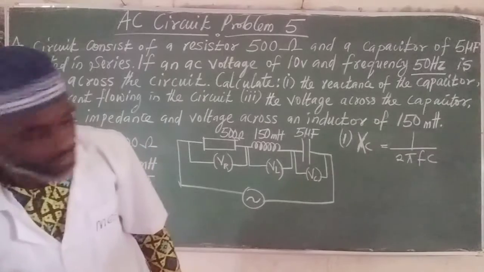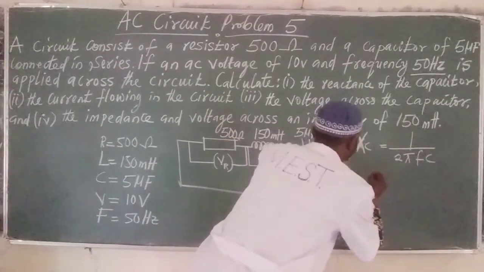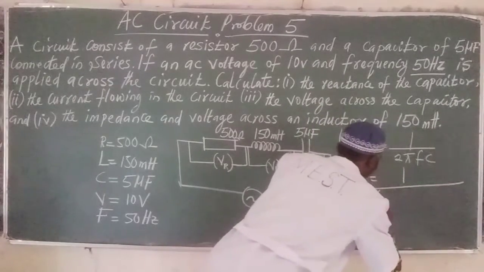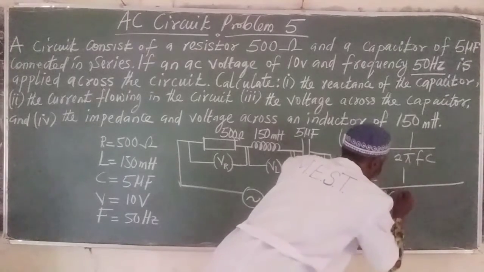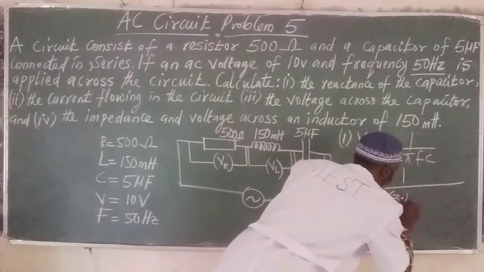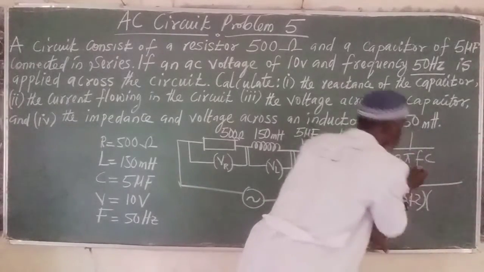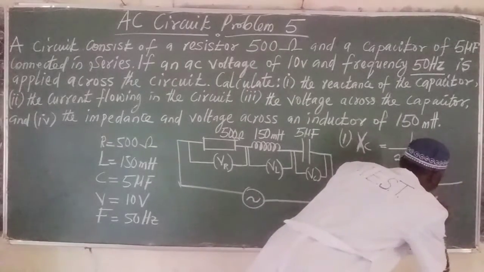So we substitute: XC equals 1 over 2, bracket open, the value of pi, 3.142, bracket close, and the frequency is 50 Hz.